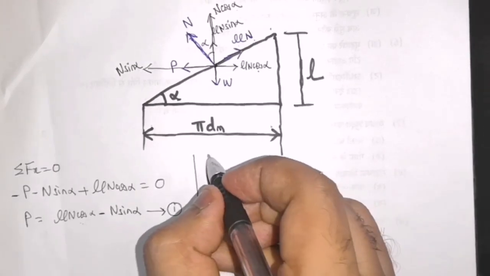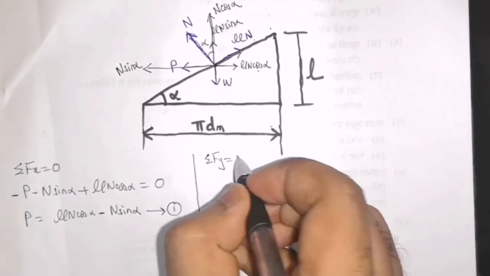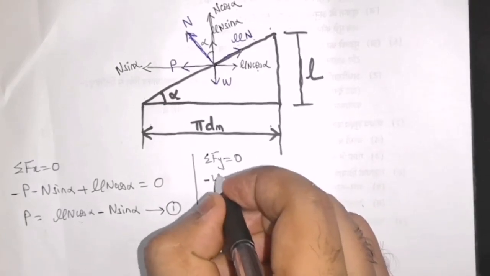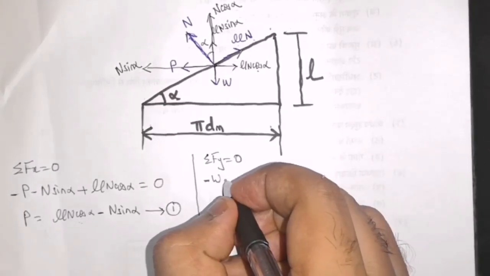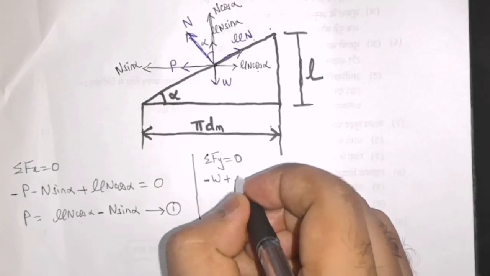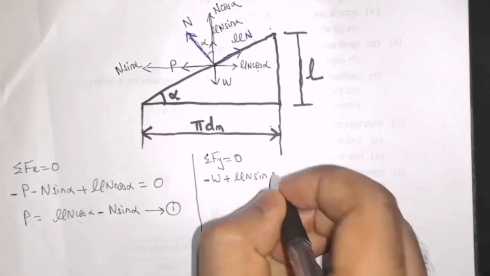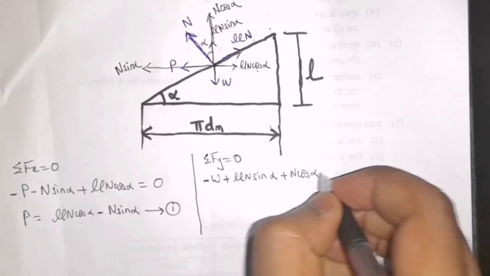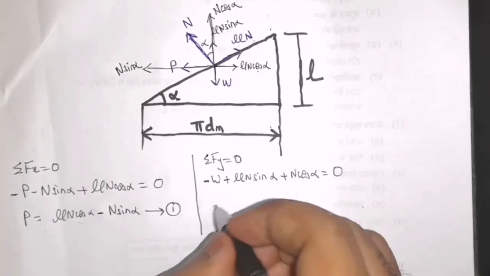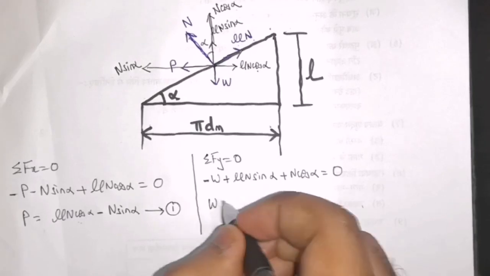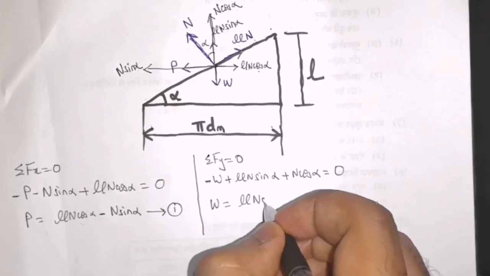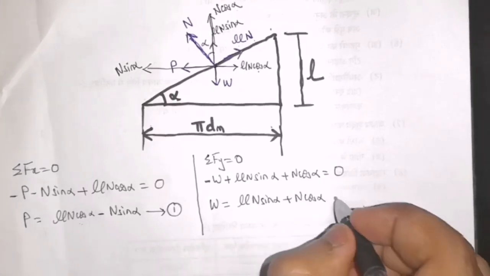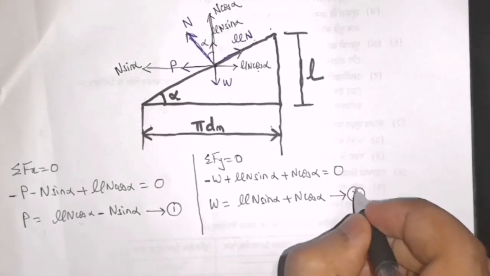Applying the next condition, that is summation of Fy should be 0, I will get minus W plus mu N sin alpha plus N cos alpha is equal to 0. On rearranging, I will get W is equal to mu N sin alpha plus N cos alpha. Let this be equation number 2.